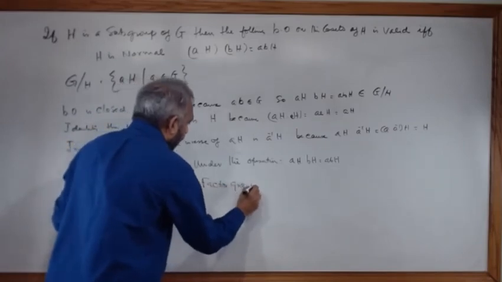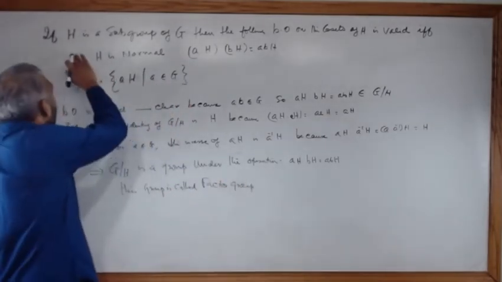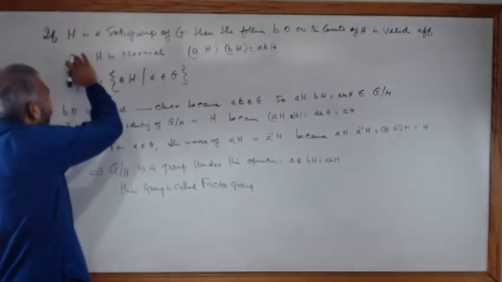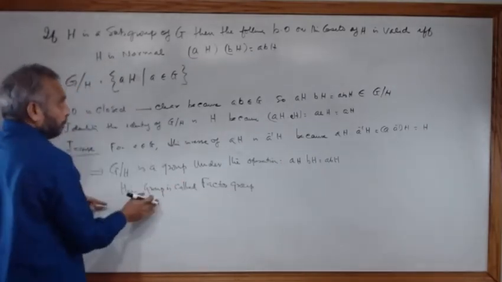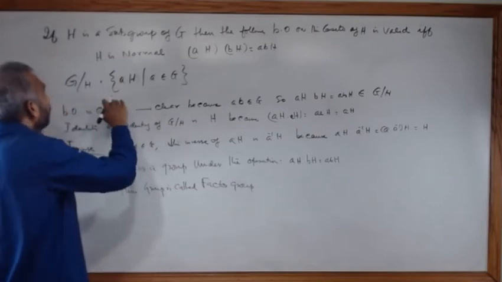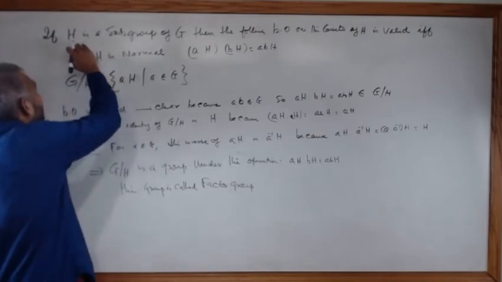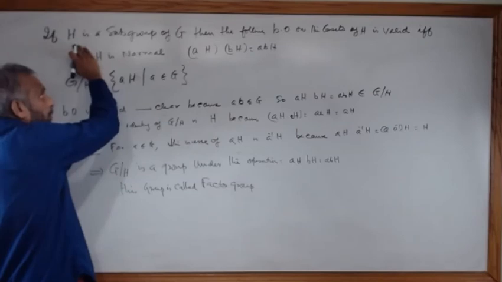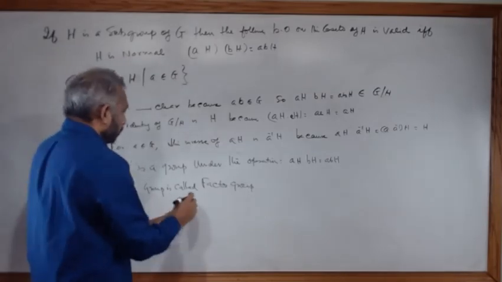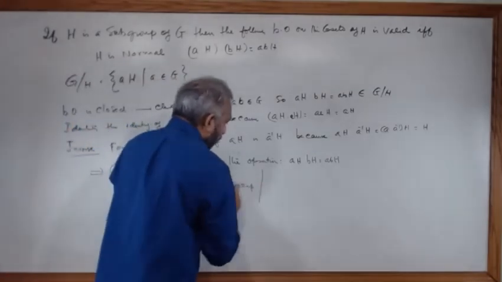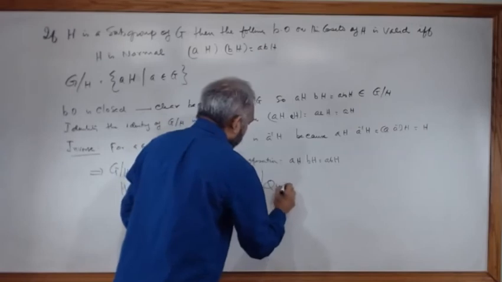We already defined factor groups using homomorphism, but this is a more generalized one. In homomorphism, this H is the kernel of the homomorphism, but here it is any normal subgroup. So we call it a factor group or quotient group.